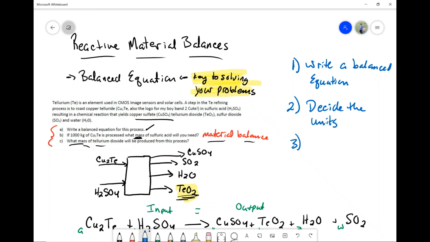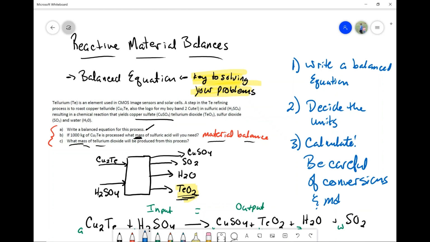And 3, calculate. And then be careful of conversions and molar ratios, actually. Those are the 3 basic steps for solving reactive material balances.